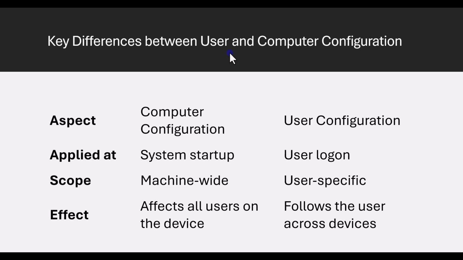So even when the user logs out from a particular computer and goes to the next computer in the domain environment, because that configuration is tied to that user, it will affect the user everywhere. So that is the difference between computer configuration and user configuration.